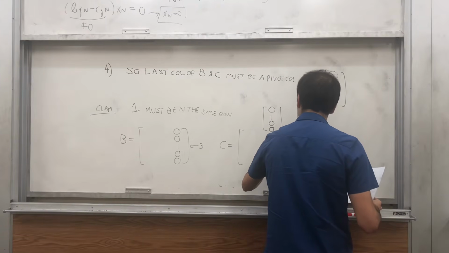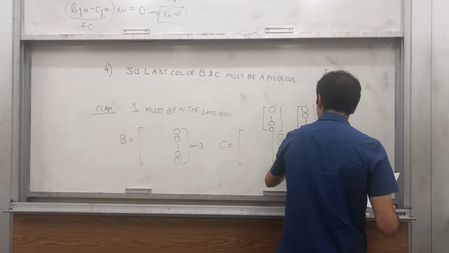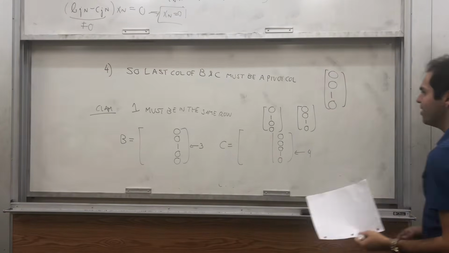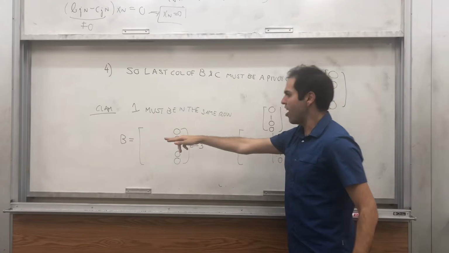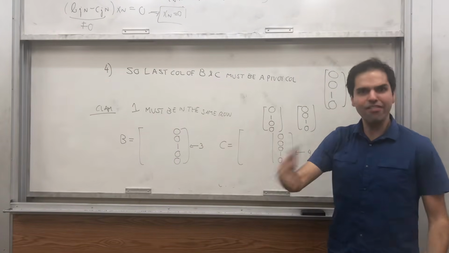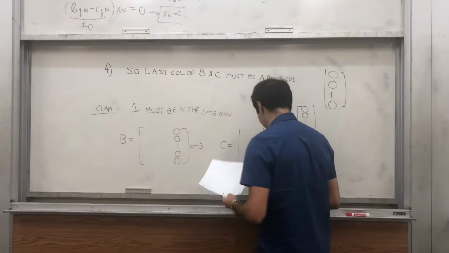Remember, this last column is a pivot column, so everything to the left of it has to be 0.